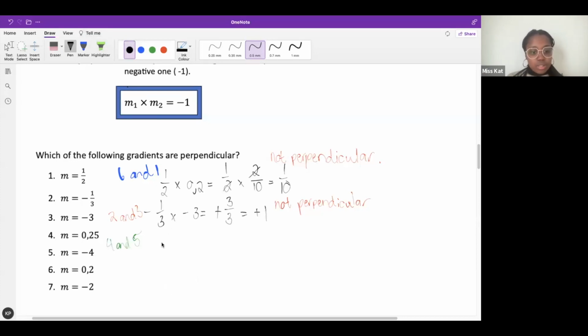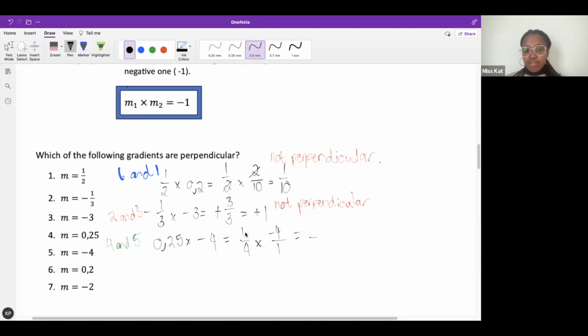Number 4 is 0.25, and we're going to multiply with number 5, which is -4. 0.25 can be rewritten as a quarter, okay? Times -4 over 1. If you multiply a positive and a negative, what are we going to get? Thank you guys.